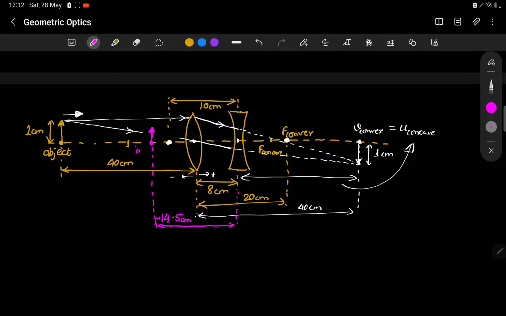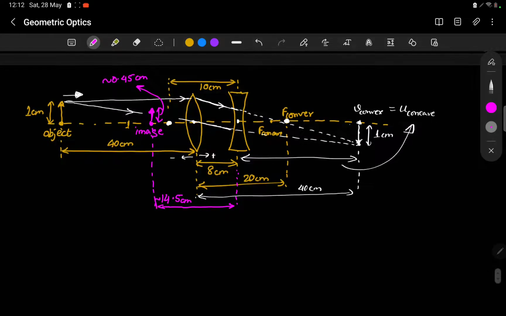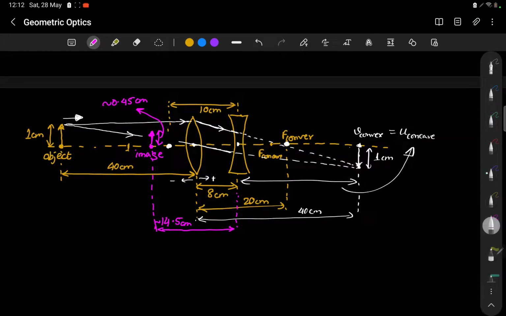This is the image location, and the height of the image is roughly 0.45 centimeters, and it is erect. This was F concave for us.